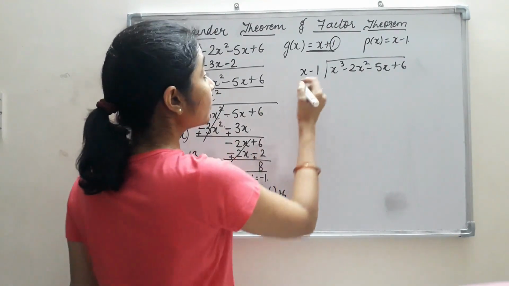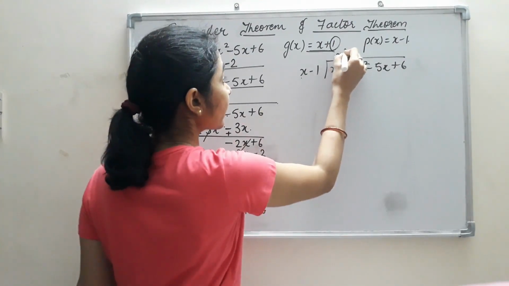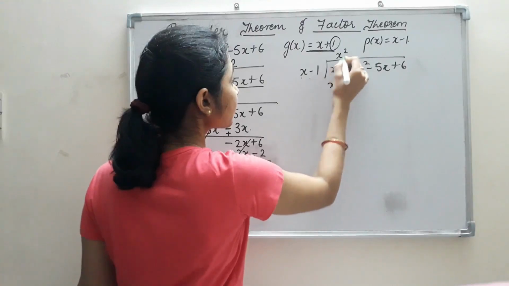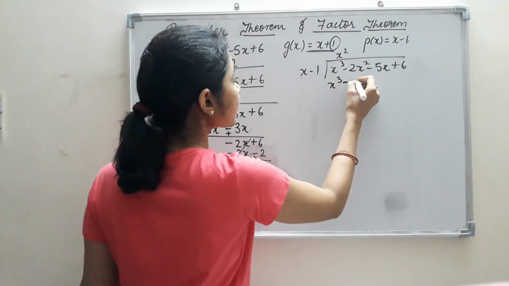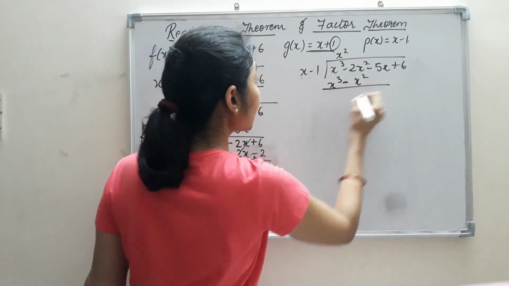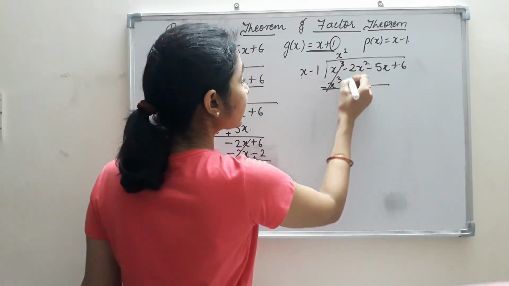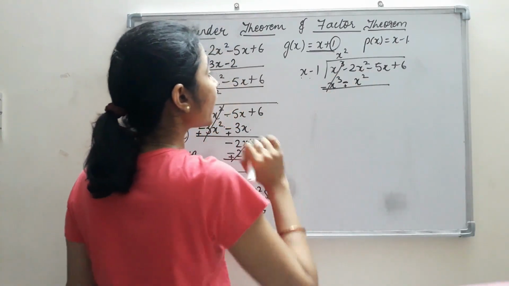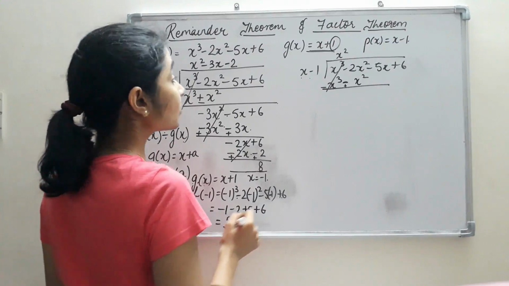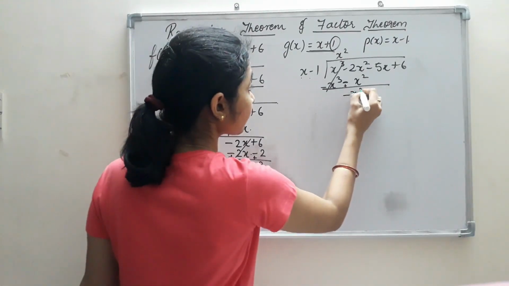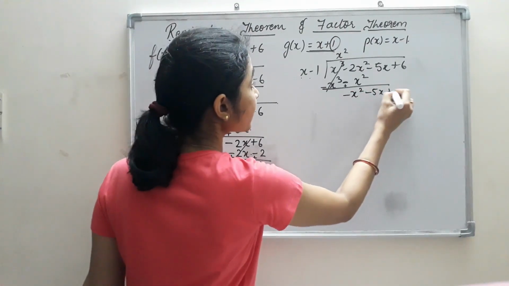So dividing it, what do we get? x into x square, I get x cube, and minus 1 into x square, I get minus x square. Here this cancels, and I have minus 2 and plus x square, which is only minus x square, minus 5x plus 6.